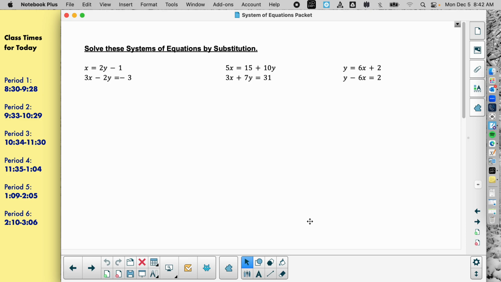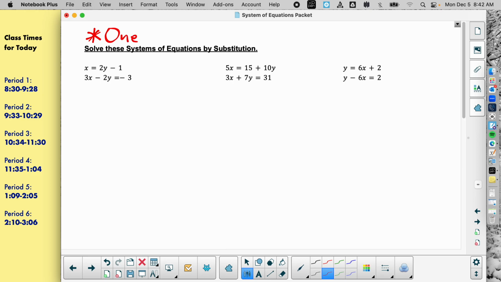Solving by substitution means that we're going to take the information from one equation and substitute it into the other. I would say up at the top of this page, you should probably put a note to yourself. The whole goal for solving by substitution is that one equation must say x equals or y equals.